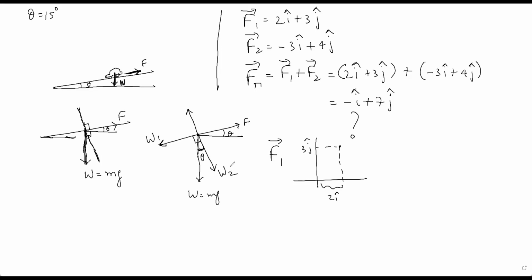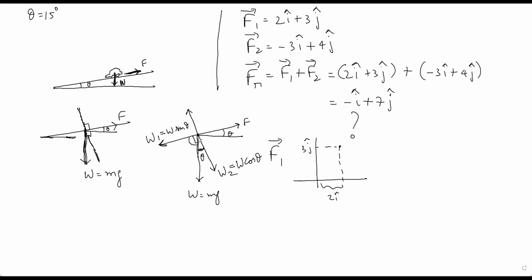So this will become W cos theta, because the angle is adjacent to W. And this will be W sine theta.